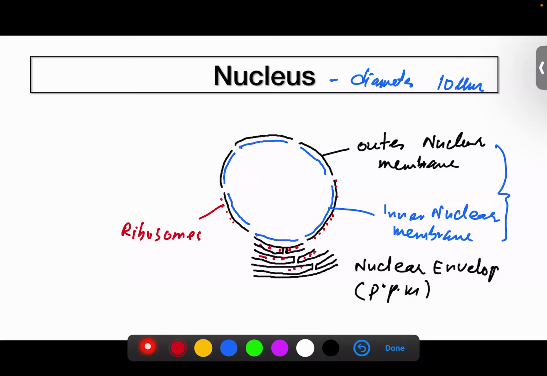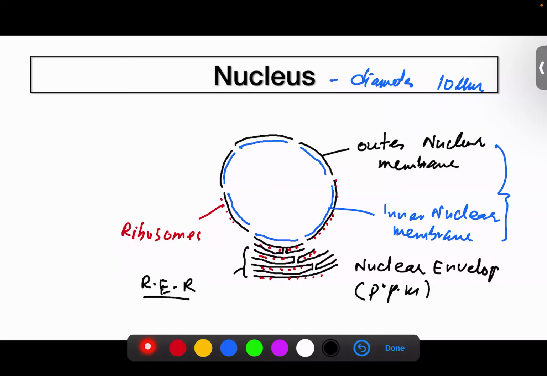That is why this is known as RER, or rough endoplasmic reticulum. So inner membrane differs from an outer membrane in a way that inner membrane is smooth, doesn't have any ribosomes attached on its surface, and also it is not communicating with the rough endoplasmic reticulum.